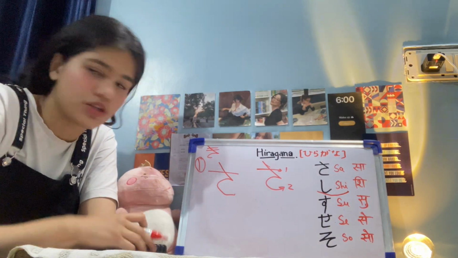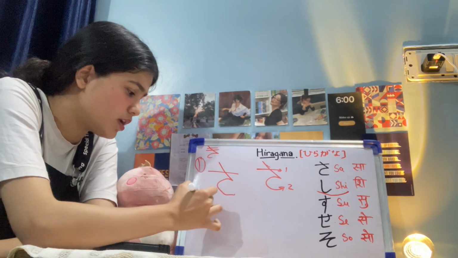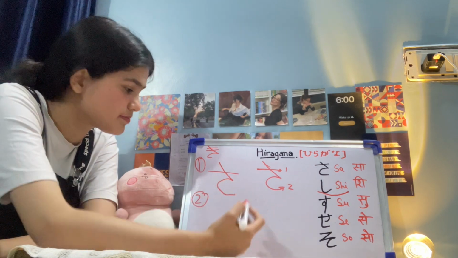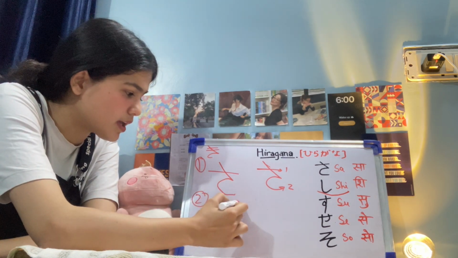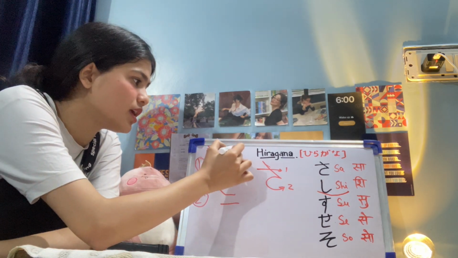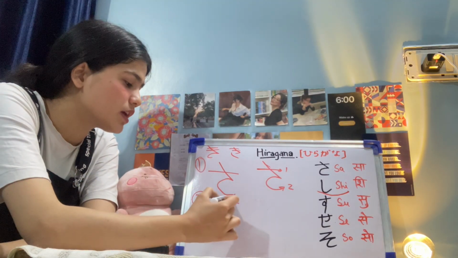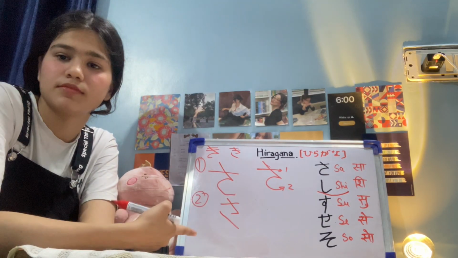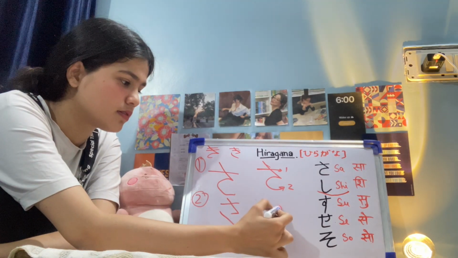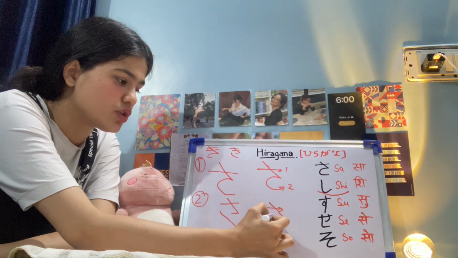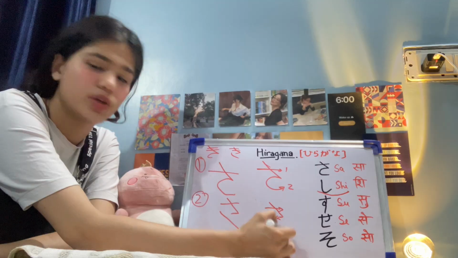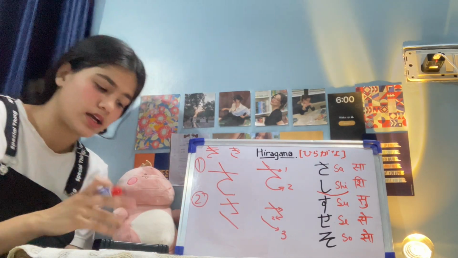Okay, there's not really a hint. Second way is again just like ki, we have a mouth, we have a person giggling. Sa. 1, 2, and 3. Sa.